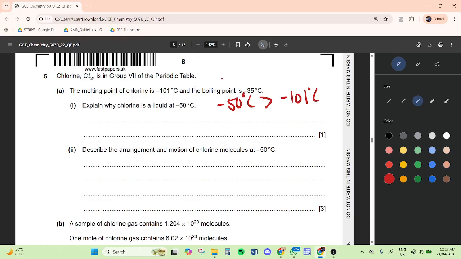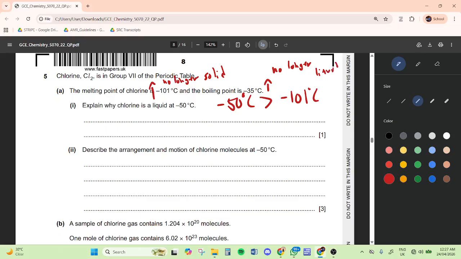So that means that at any temperature above minus 101 degrees Celsius, chlorine is no longer solid. At the same time, at any temperature above minus 35 degrees Celsius, it's no longer liquid.